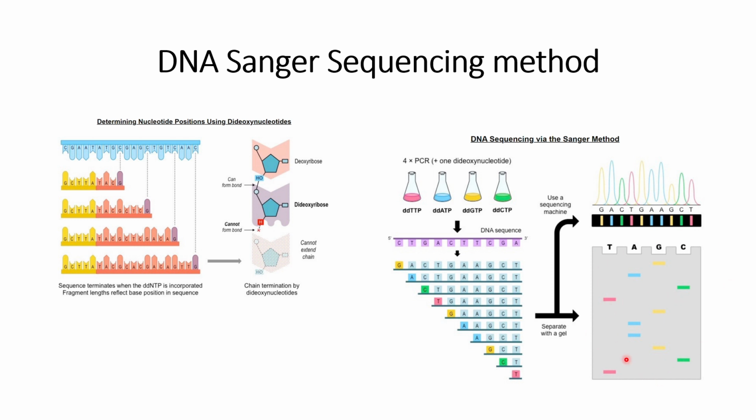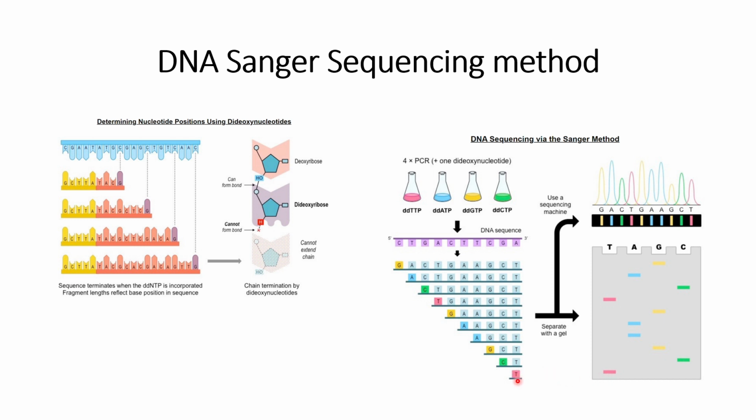One example we can see is that T is at the bottom. We know that the smaller the fragment, the faster it travels. This is the smaller fragment, and it is found in the T lane.